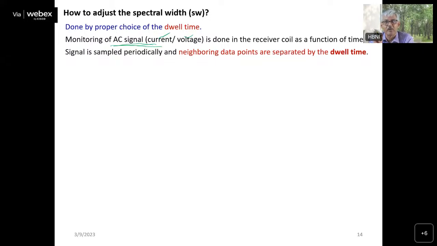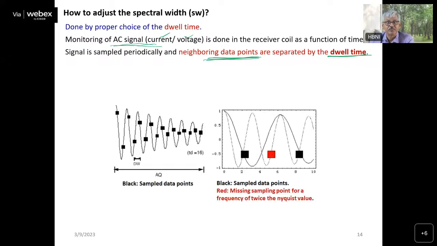So what will that period be? The time between two neighboring data points is called the dwell time. That means it is how frequently you are sampling the signal. Now we'll see in what way the dwell time and the spectral width are related.